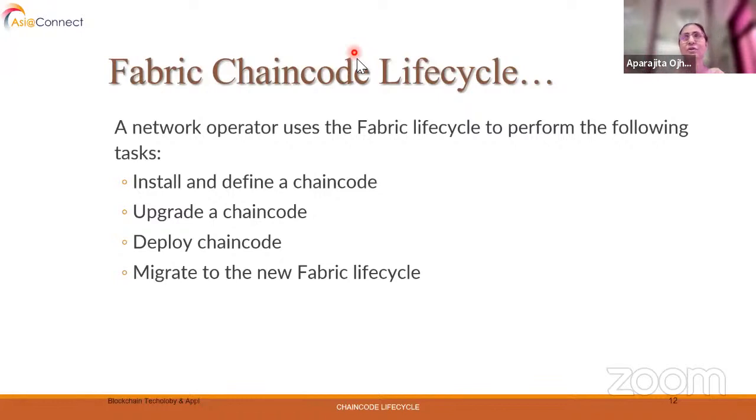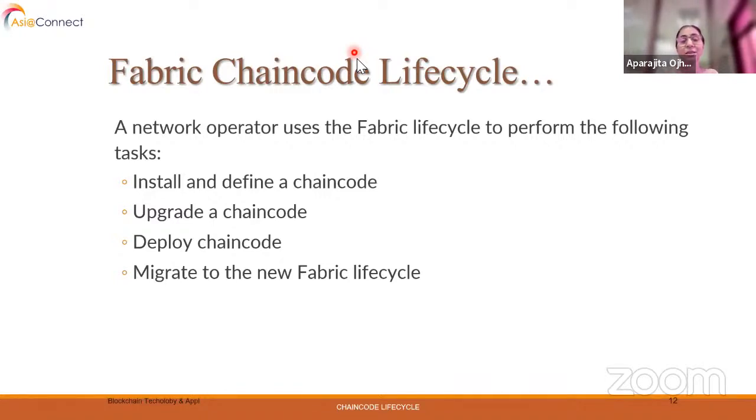Just think of transformers in the electrical network. How do electrical field operators change the transformer? There is some point of time for which the network is kept down and the transformers are changed. So it is not like the smart contracts in public blockchains are like hard devices on a network. So unlike that, here you can see that because you have pluggable services that are available.